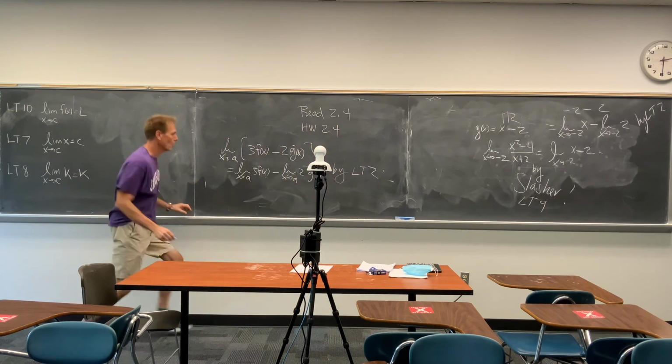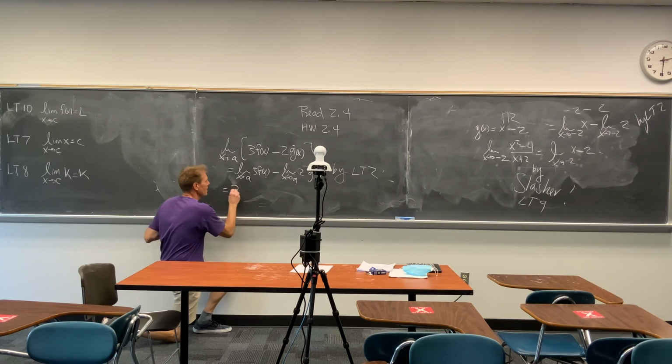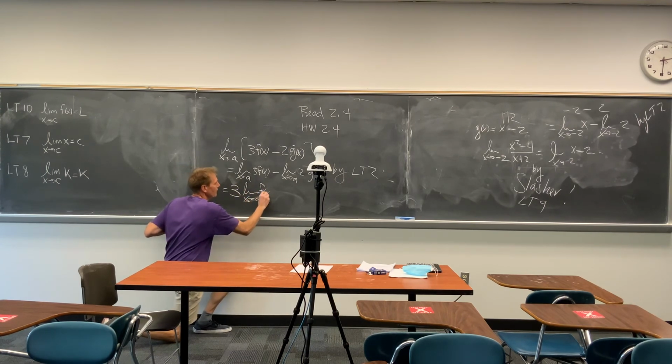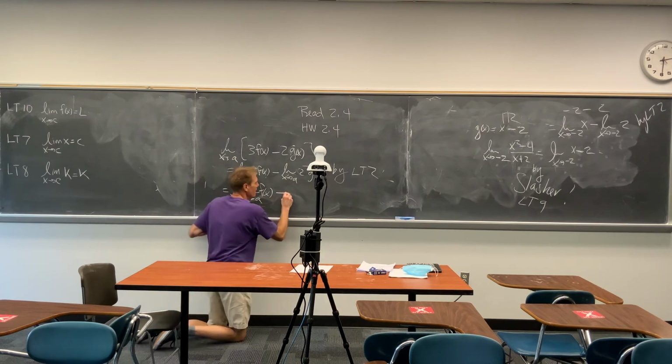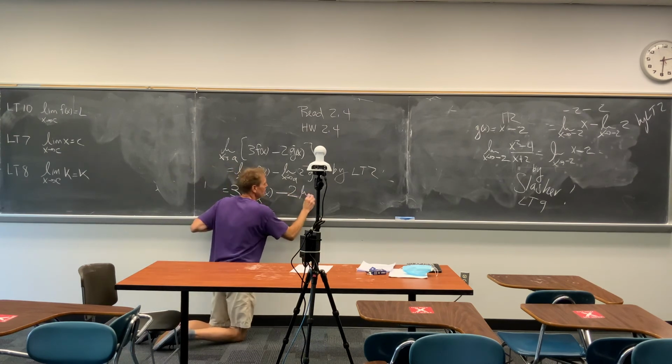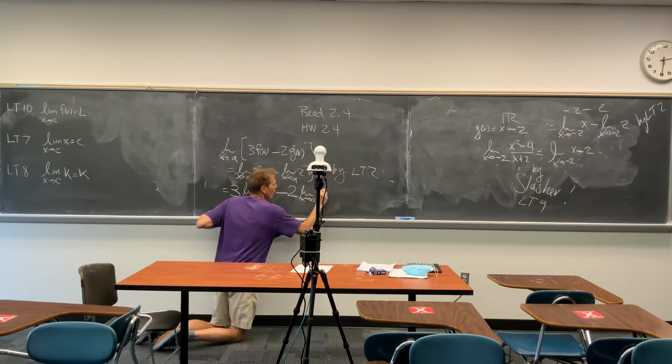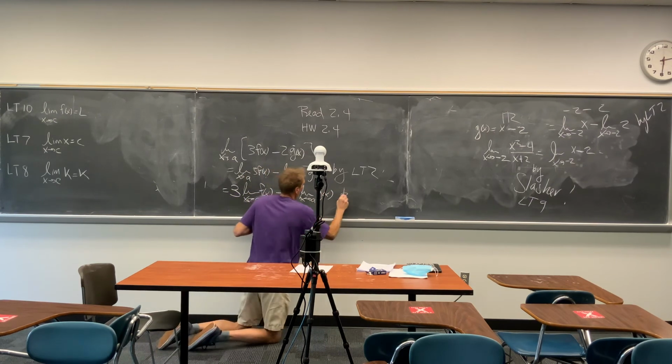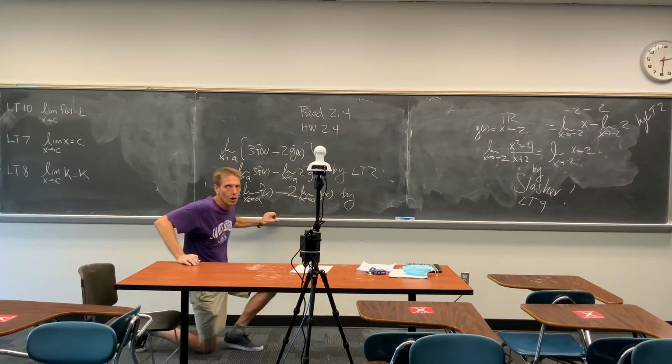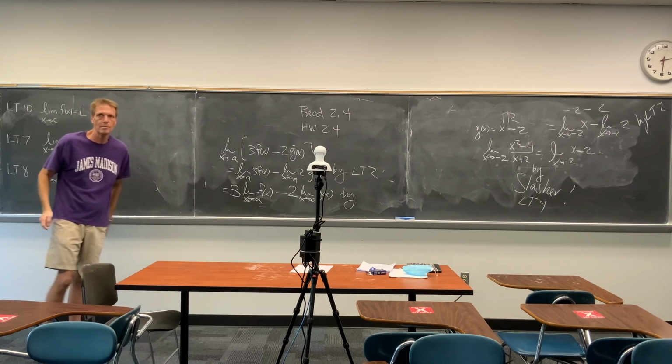Next limit tool. This is the same thing as 3 times the limit as x approaches a of f of x minus 2 times the limit as x approaches a of g of x. A little harder. Look at those 12 limit tools.